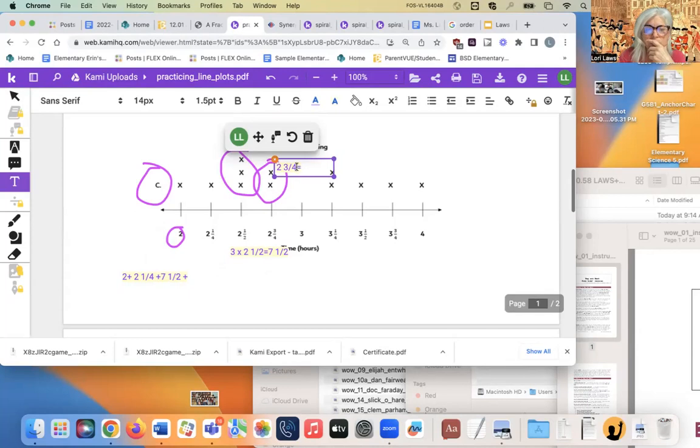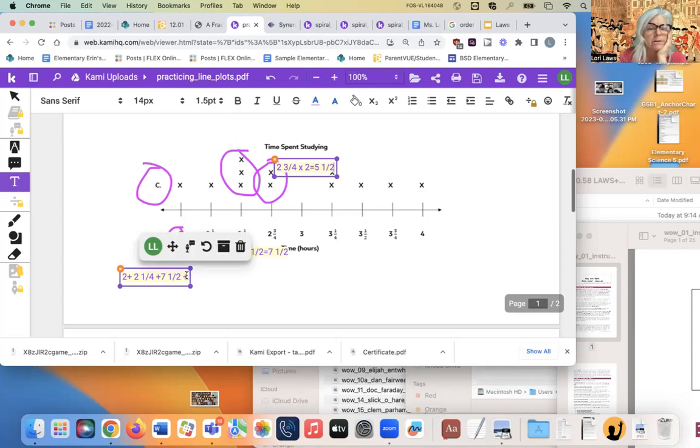So 2 3/4 times 2 equals 4, and then the 3/4 is 1 1/2. So that's 5 1/2. Does that seem right? I'm doing this kind of fast, but anyway, let's add the 5 1/2 down here. So you have to be really careful with these and keep adding them one at a time.